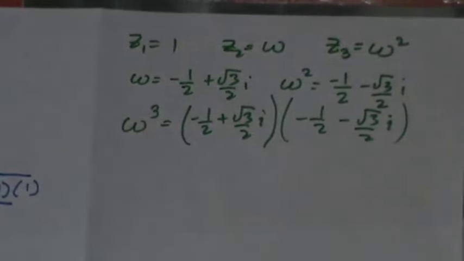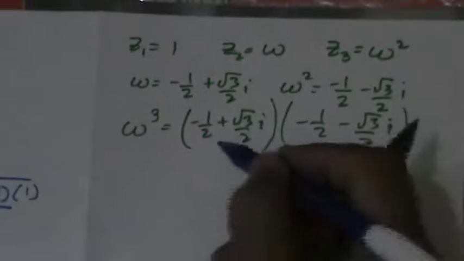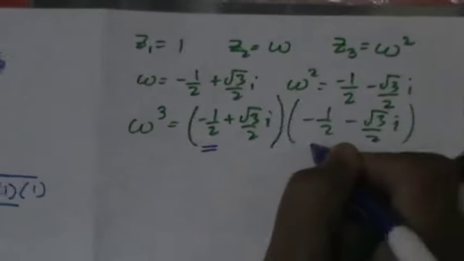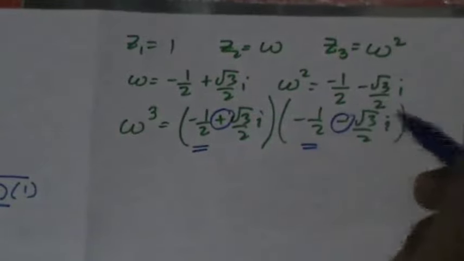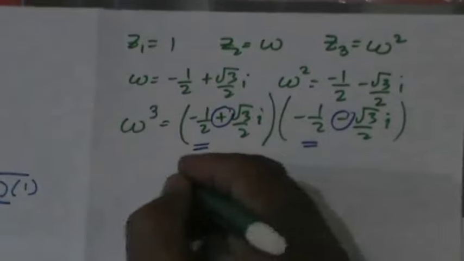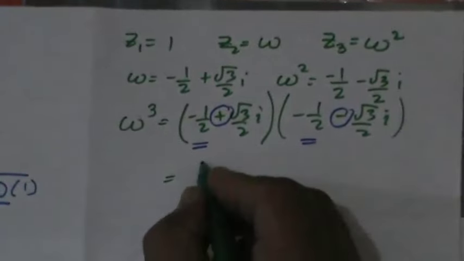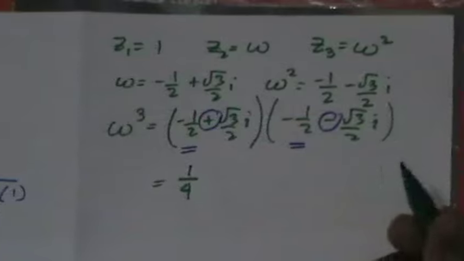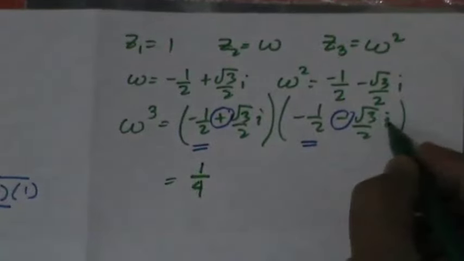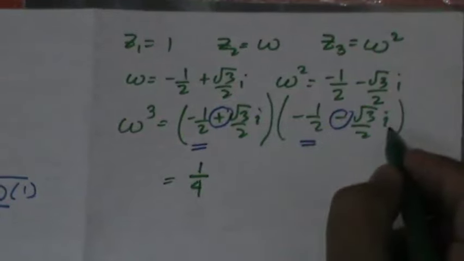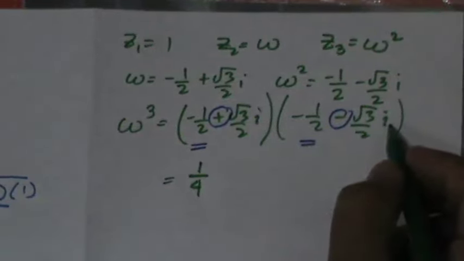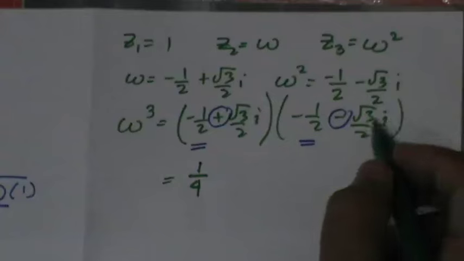Now, this is a very, very interesting phenomenon: as you can see, there is plus here and minus over there. So this times that is 1 over 4. And then there is i squared. So what is it? That's negative 1.